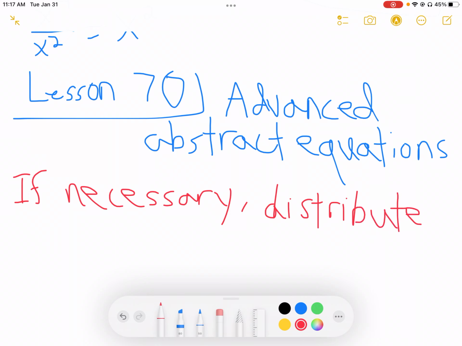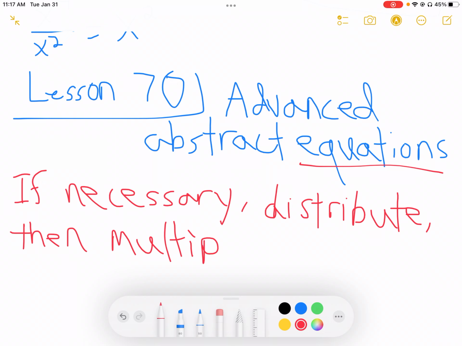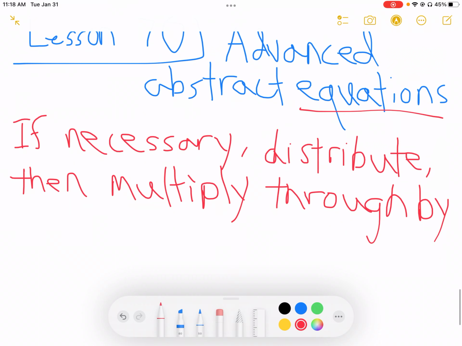Okay, and then, the key word here is equations, because then we're going to multiply through by the LCD to cancel the denominators.